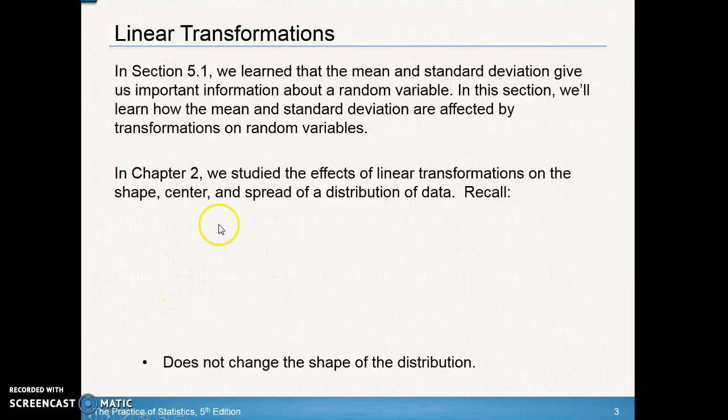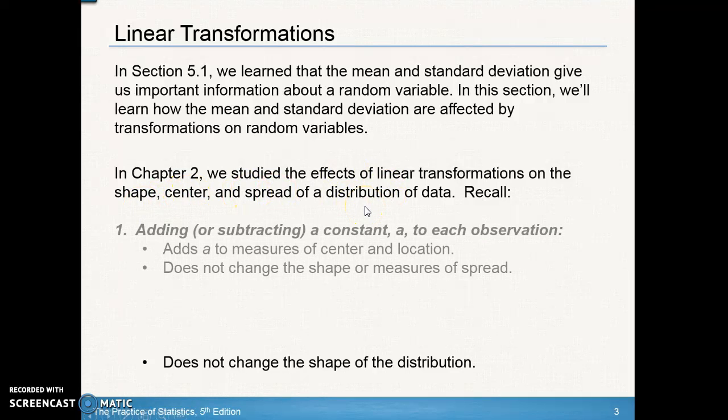But you've done this before. In chapter 2, we took a look at the effects of linear transformations on the shape, center, and spread of the normal distribution of data. As a quick reference, remember when we added or subtracted a constant to each observation. Let's say that we were looking at the average number of minutes that we spend on the internet.